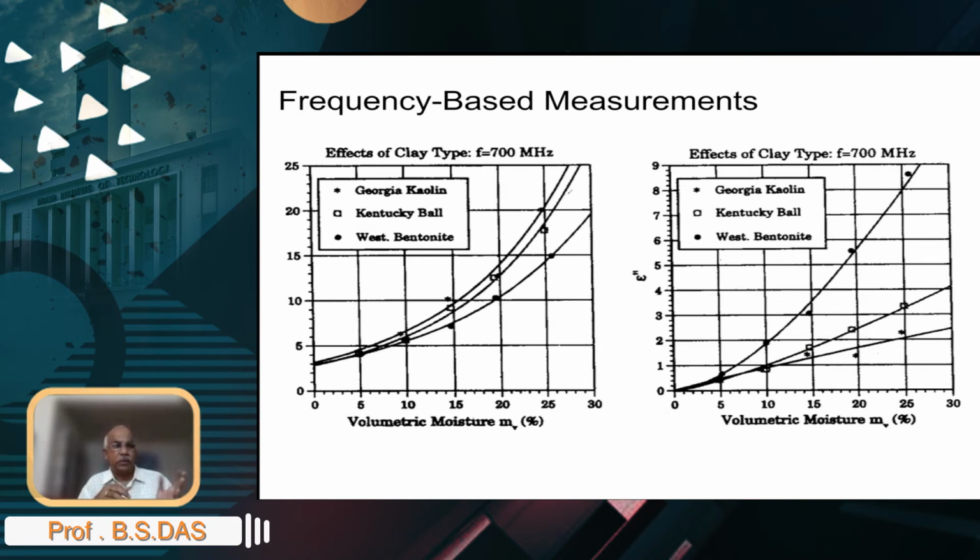So the first one that you see on the left you are seeing the real part of the dielectric permittivity, and on the right hand side you get the imaginary part.